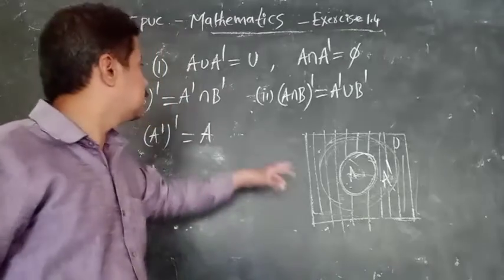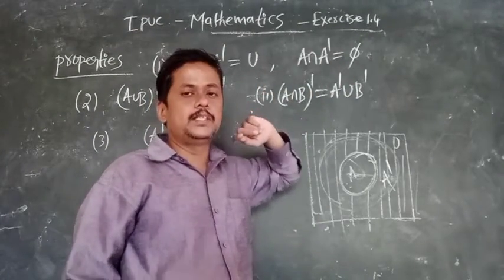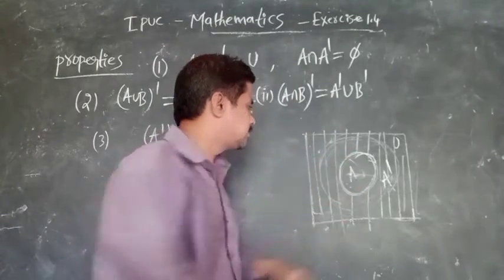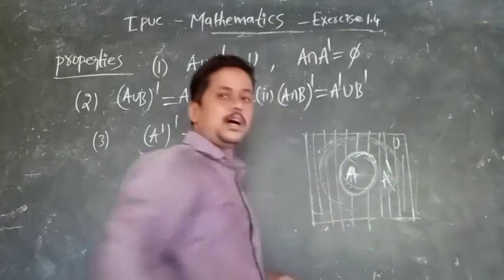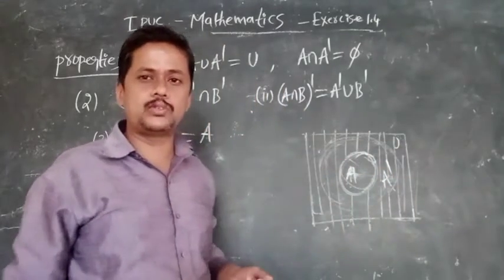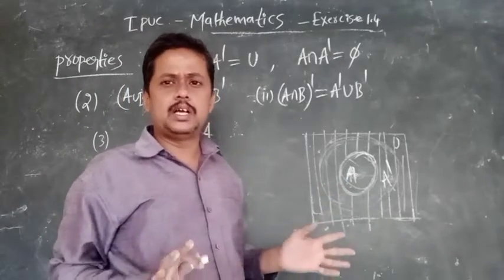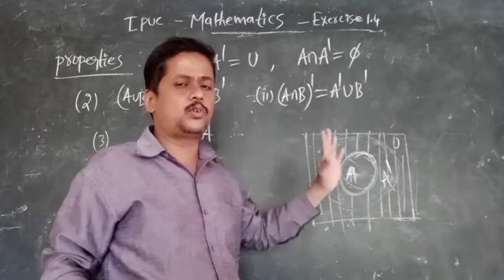Okay. So first one. Next, A intersection A dash. These are disjoint sets. See, A is this one. This is the set A. A dash means this one, the outside region. Both are different. So therefore both are different. There is no common element.